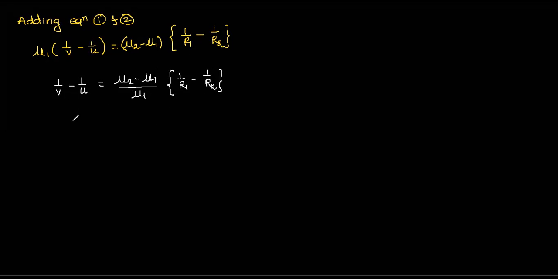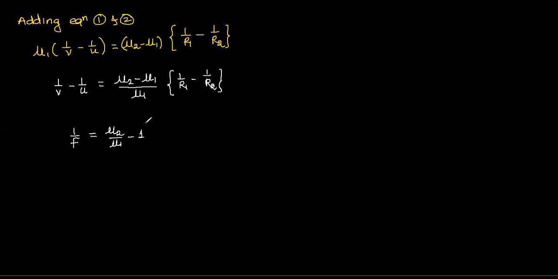Now this 1 by v minus 1 by u is what? 1 by f, from lens formula. So therefore 1 by f is equal to, this one I am separating, mu2 minus mu1 divided by mu1, and mu2 by mu1 is what? The refractive index mu. Yes or not?